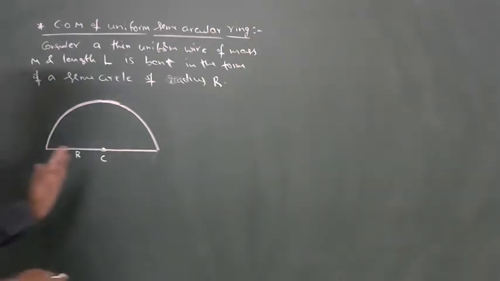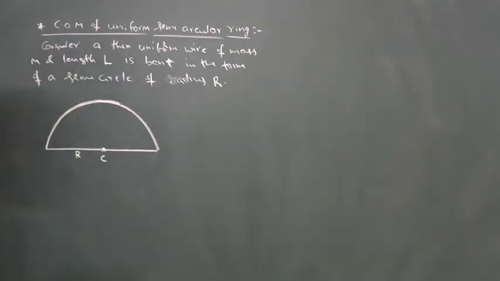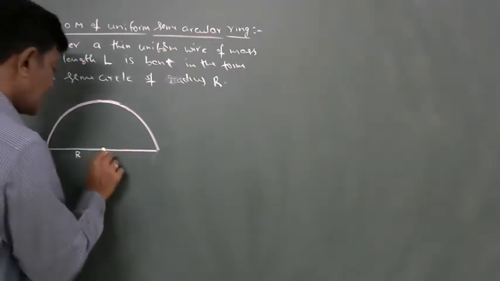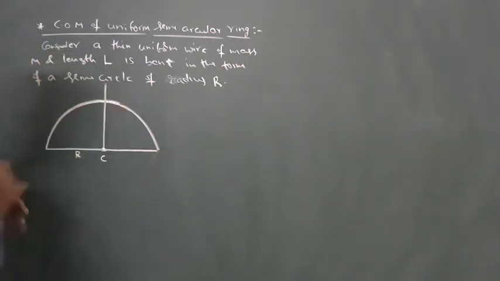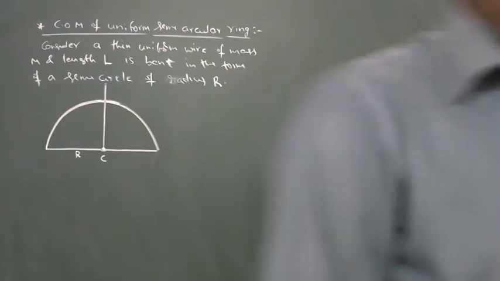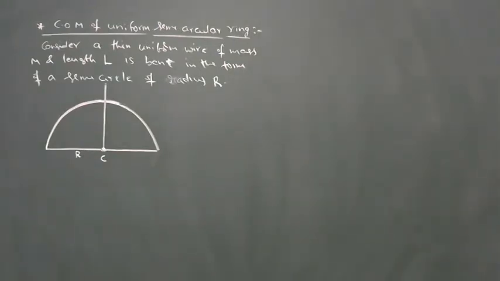Now, the axis passing through the center, about which the semicircular ring is symmetric, is the vertical axis. About that axis, the ring is symmetric.